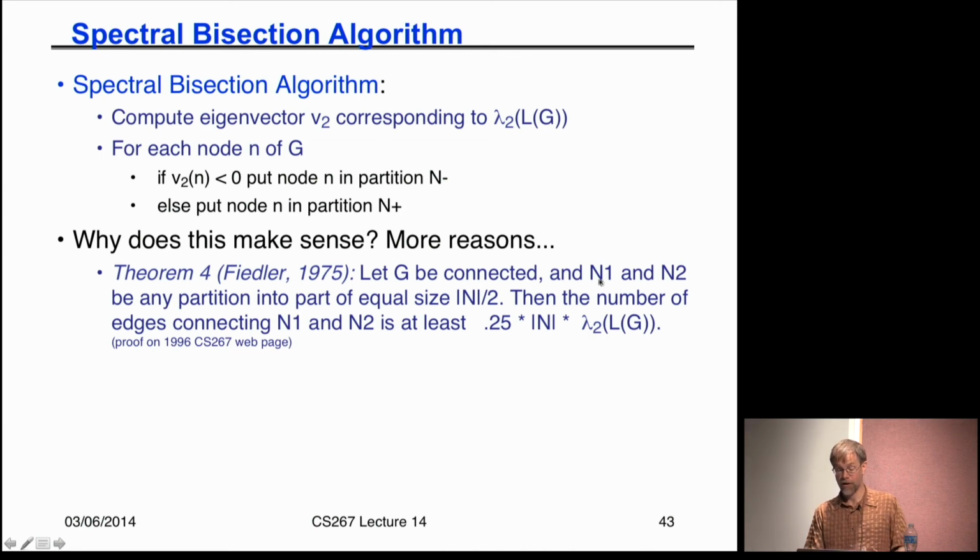Any partition that divides the graph exactly in two has to have at least 1/4 times the number of vertices times lambda 2 edges in it. So lambda 2 really is a metric of how connected the graph is. All of these have very elementary proofs that you can read, and since this theorem was published, there's been an enormous growth of what's called spectral graph theory.